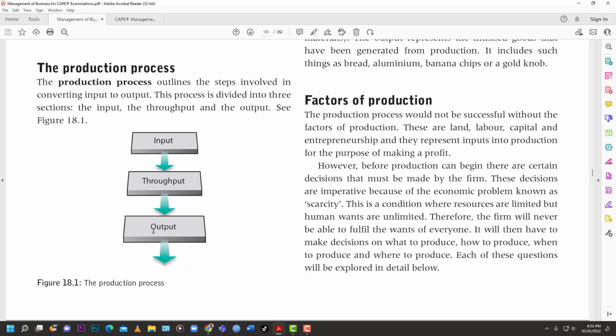The process that you use to transform the raw materials is what you call the throughput. It could be baking, boiling, synthesizing, fermenting, whatever process you use, that's the throughput, and that would turn the raw materials into the output. So that's the process of production in a nutshell.